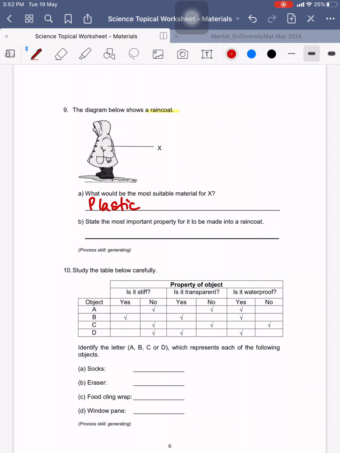Alright, so state the most important property. It is waterproof. So you will have to give an answer with relation to this requirement for it to be a raincoat, and a raincoat is to protect you from the rain, so it must be waterproof.